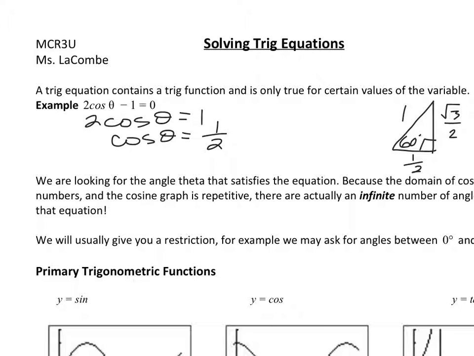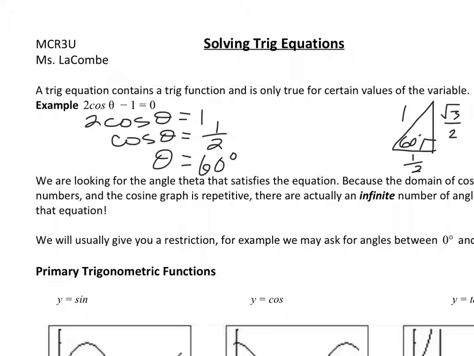On our unit circle, cos theta is x over r. So when x is a half and r is 1, theta is equal to 60. Therefore, cos theta is going to equal a half when theta equals 60.